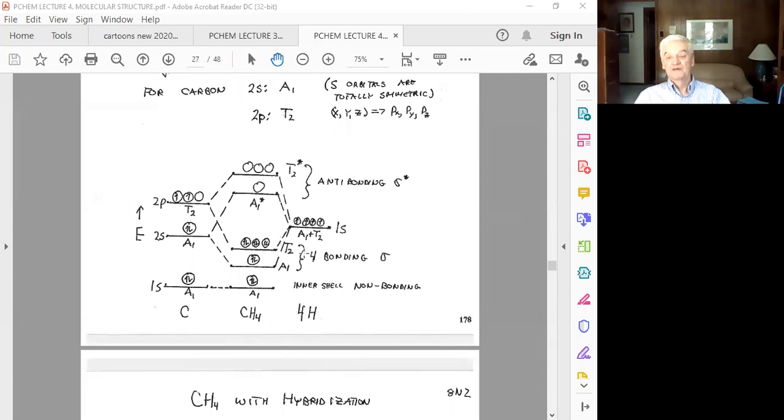And so each one of those bonds is going to have 1 part s and 3 parts p for the orbitals. So calling them sp3 is a decent designation of telling you which atomic orbitals are involved in the bonding.